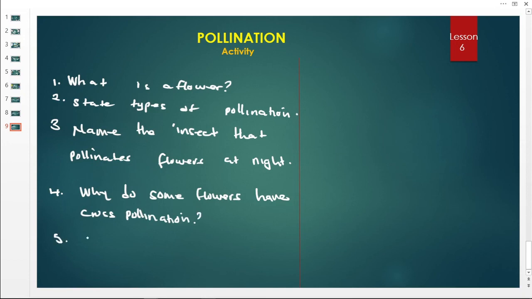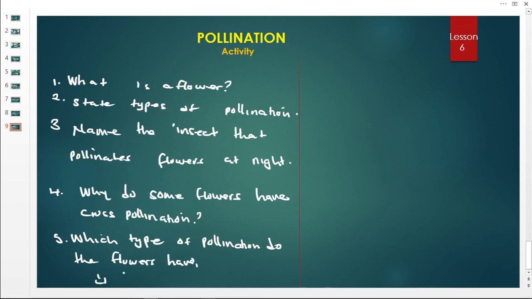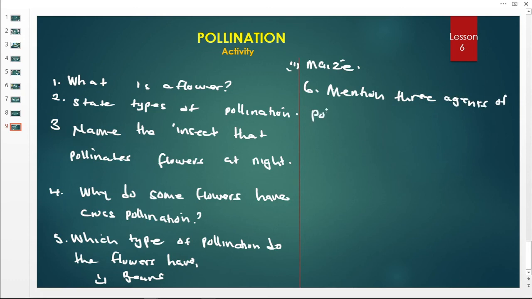Number 5, which type of pollination do the following flowers have? 1, bean flowers. 2, maize. Number 6, mention 3 agents of pollination.